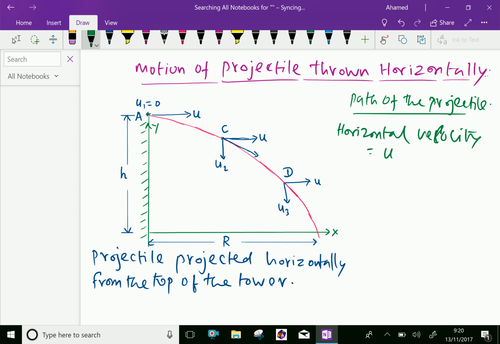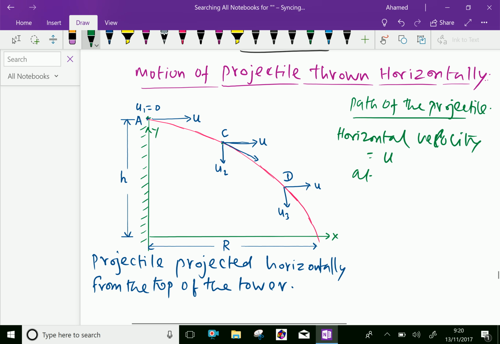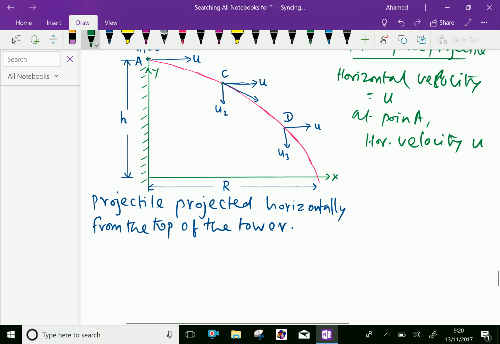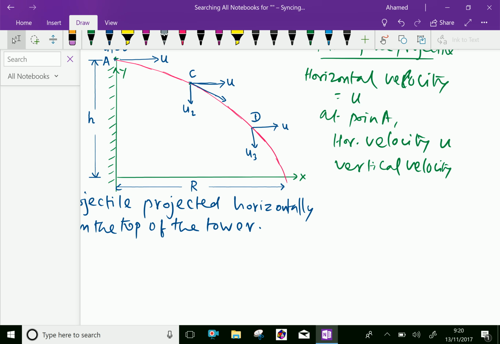The vertical distance of A from the ground is h. Now at point A, the horizontal velocity equals u, and the vertical velocity, suppose u2, at this point.